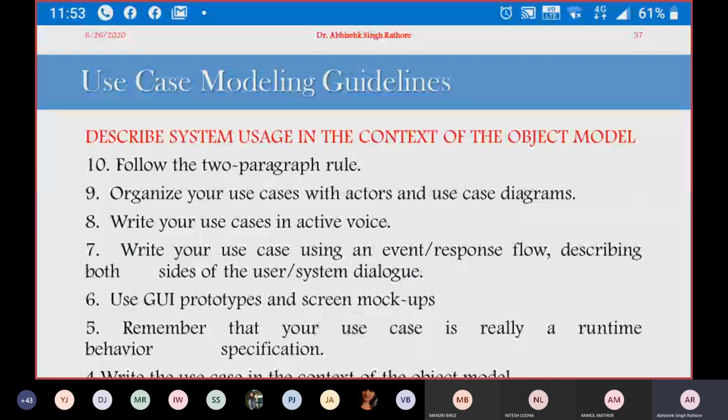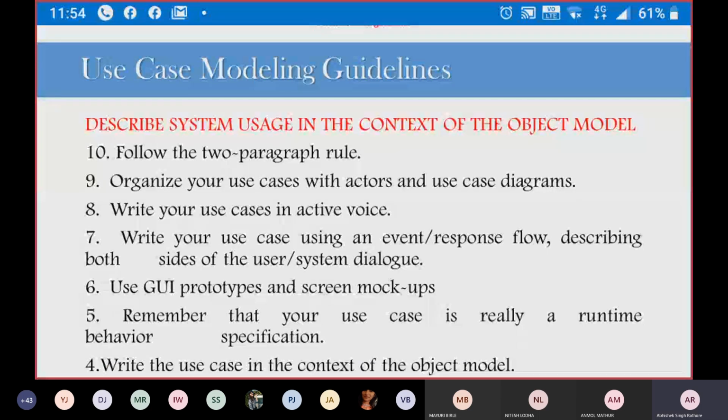As an example, I'm taking a class, so take a class is just a use case. But what about when we are having some problems with the internet or a bandwidth problem? This might be an alternate case. So we have to include both alternative cases as well as the basic course.